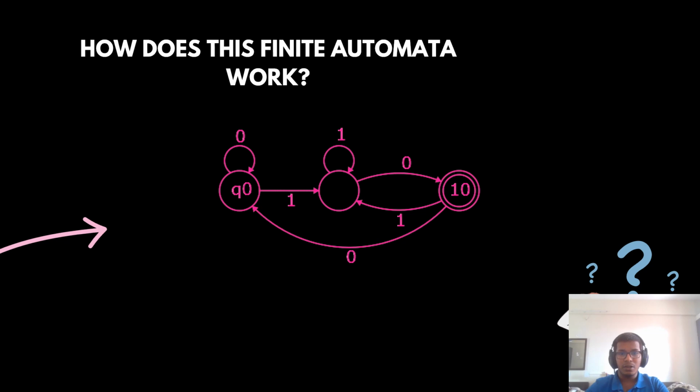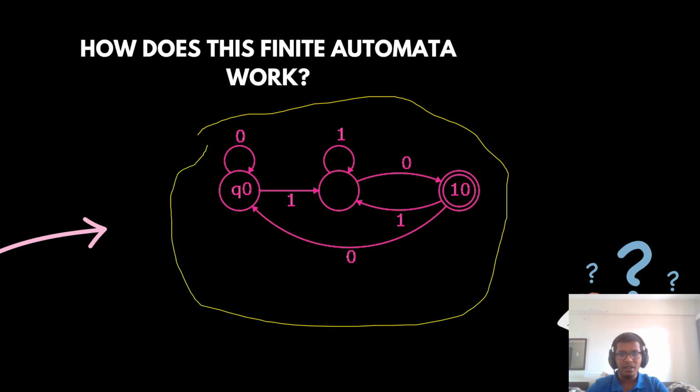How does the finite automata work? So here is an example of an automaton which we previously discussed. Here Q0 is the initial state and Q2 is the final state, and here we can see some of the symbols are accepted, and when they are accepted, it goes to the next state.